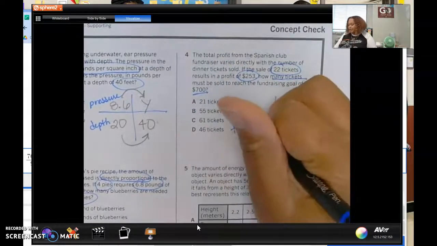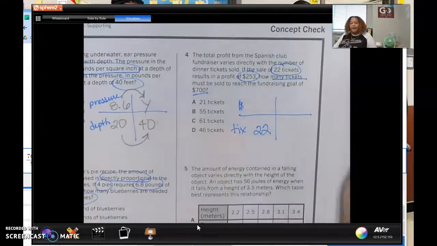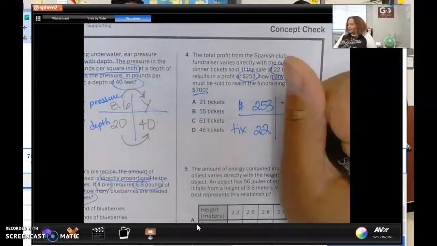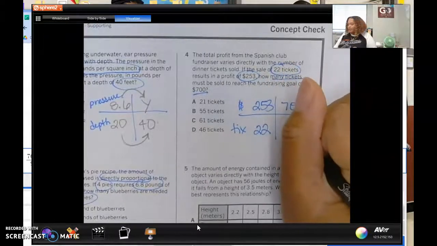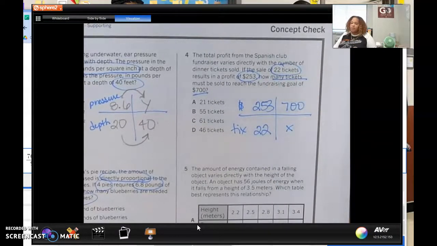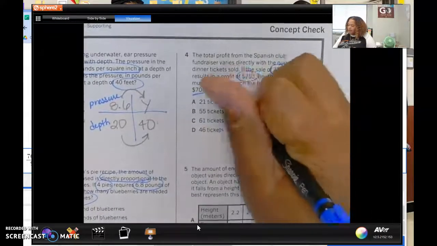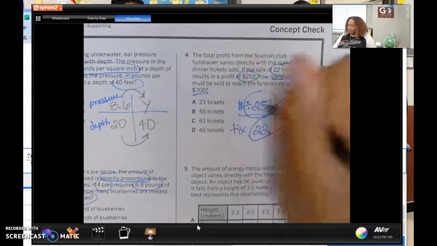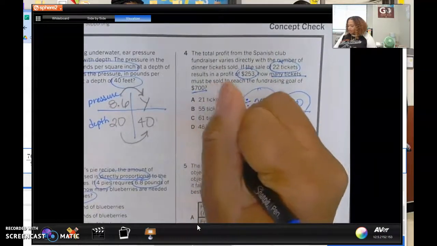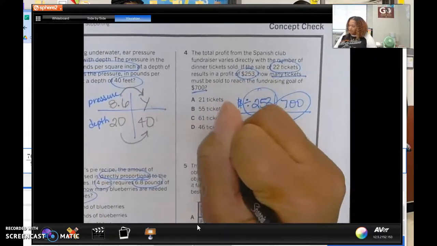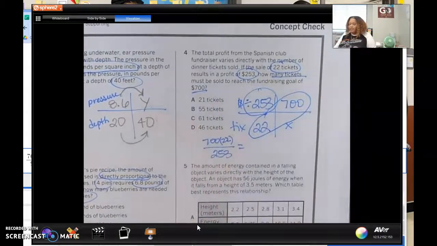I've got 22 tickets that make $253. I need $700, and I don't know how many tickets that is. X goes on bottom, but I surely can cross multiply and then divide. 700 times 22 over 253. You should get a ticket number there.